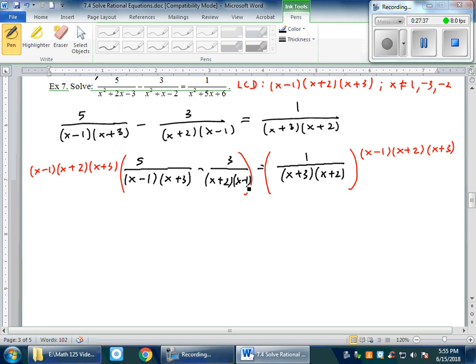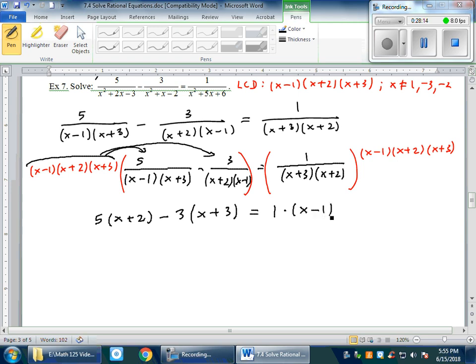So when I distribute on the left hand side to the first fraction, x minus 1 and x plus 3 cancel out, so it will be left with 5 times x plus 2. When I distribute to the second fraction, x plus 2 and x minus 1 cancel out, so it is left with 3 times x plus 3, equal to, on the right hand side, when I reduce it, 1 times x minus 1.